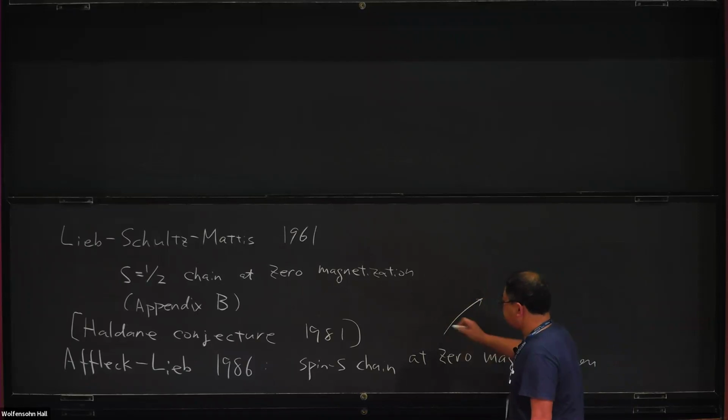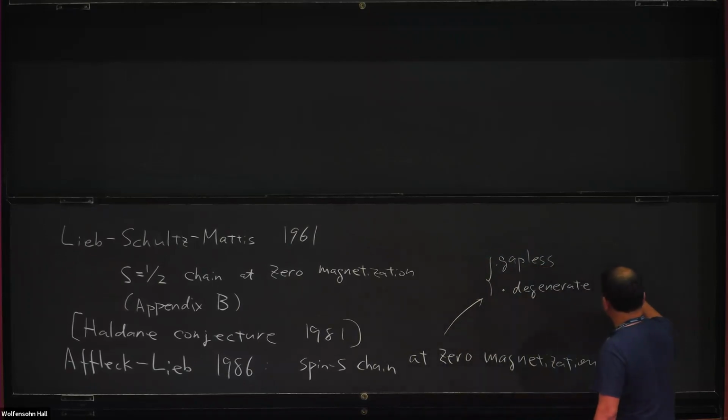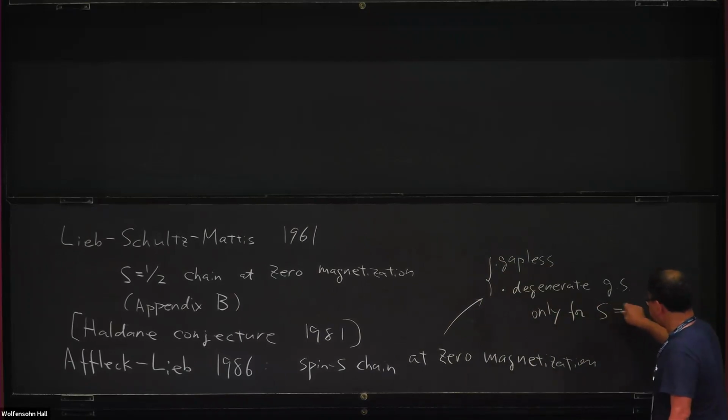So then they found a gapless or degenerate ground state only for half-odd integer spin.